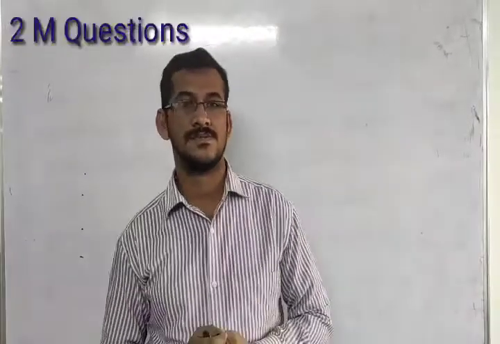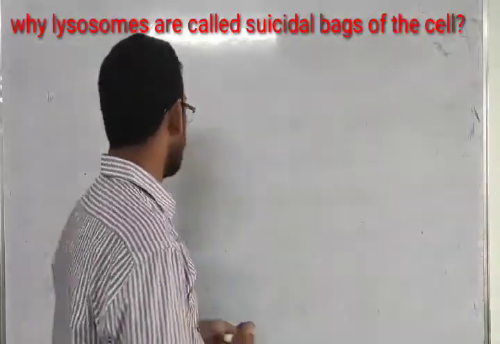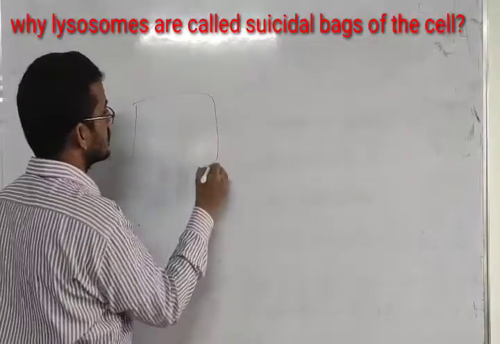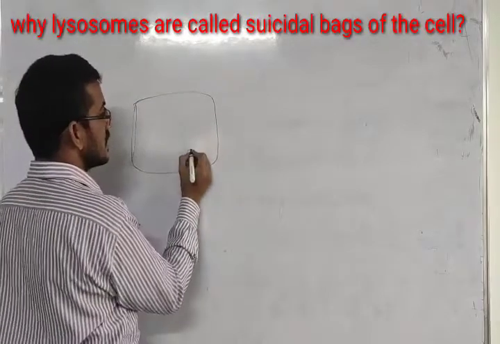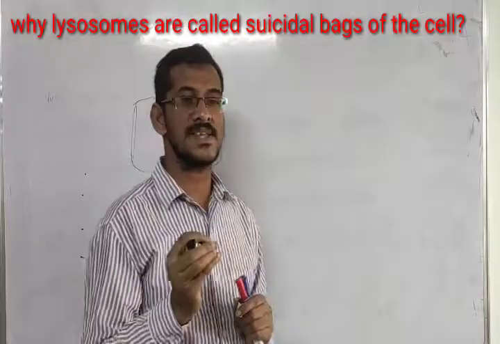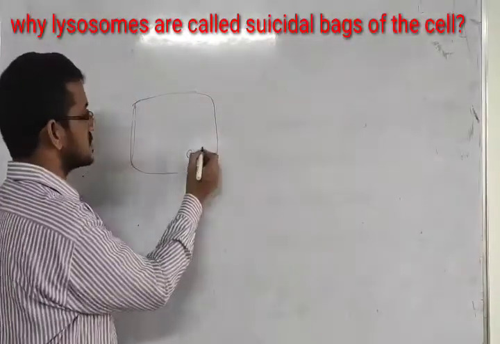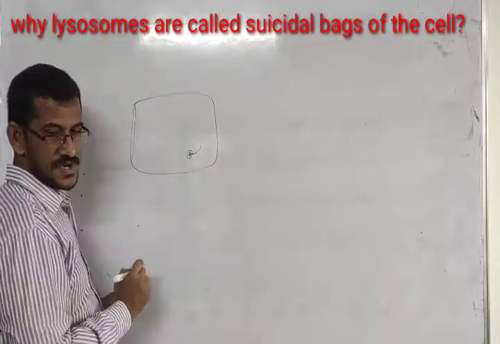Start 2 marks answers. Why are lysosomes called the suicidal bags of the cell? See, inside the cell, lysosomes are present. These lysosomes contain some destructive enzymes. So the materials that have to be digested are sent to the lysosomes, and lysosomes will break those materials.